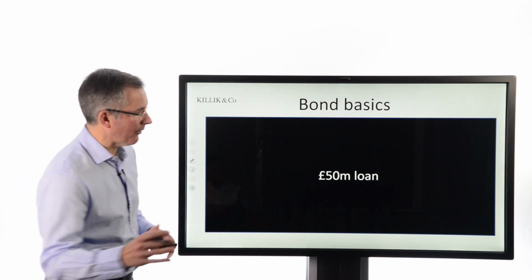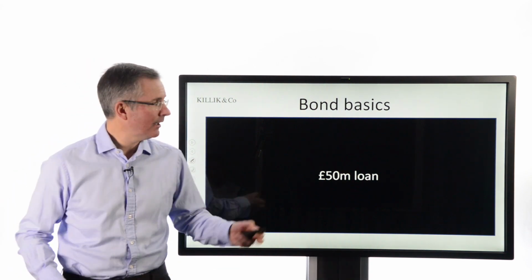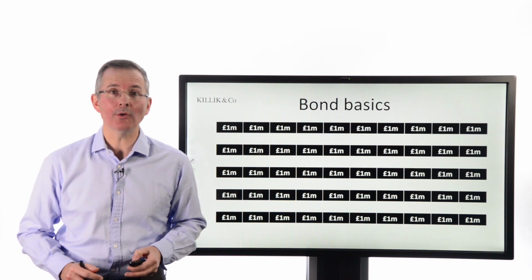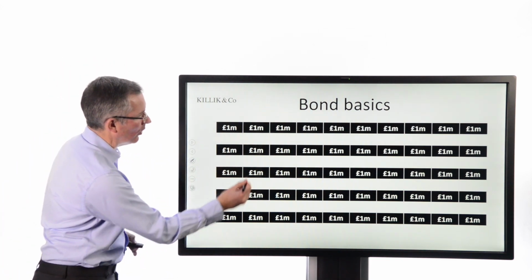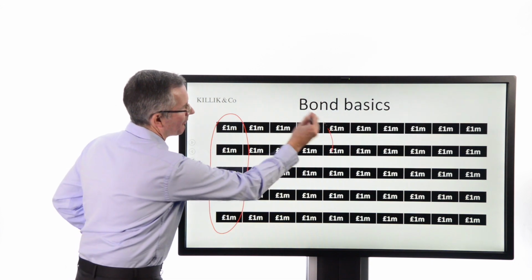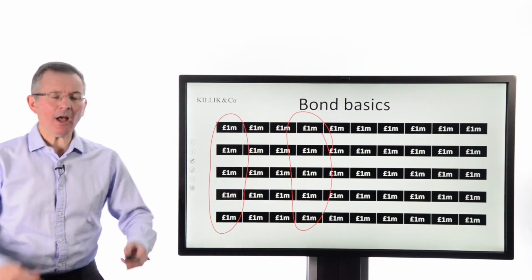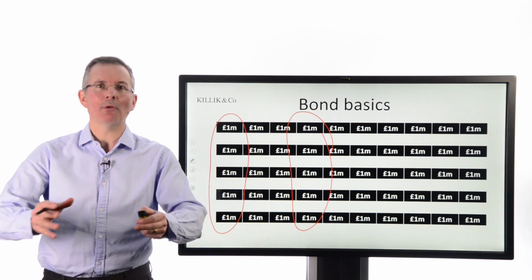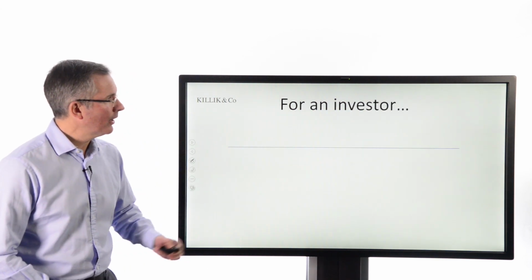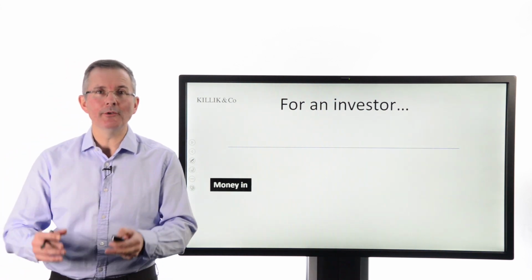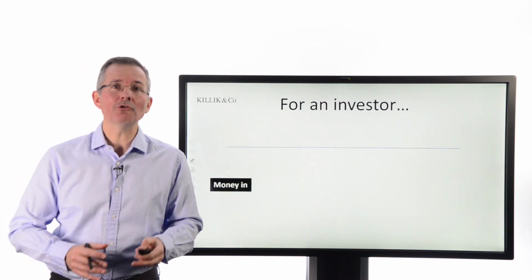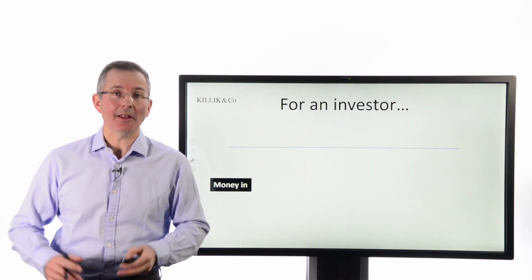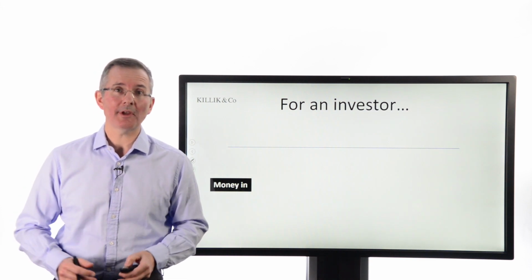So imagine, rather than borrowing £50 million from one bank, you could turn it into £51 million individual IOUs called bonds and then sell tranches of them to different investors, and those investors would be willing to buy these IOUs, put money into the bond market as it's called, because what they're looking for is an instrument that maybe carries a little bit less risk than shares but offers a bit more of a return than plain old cash. And in other videos I deal with the problem of storing wealth in cash.